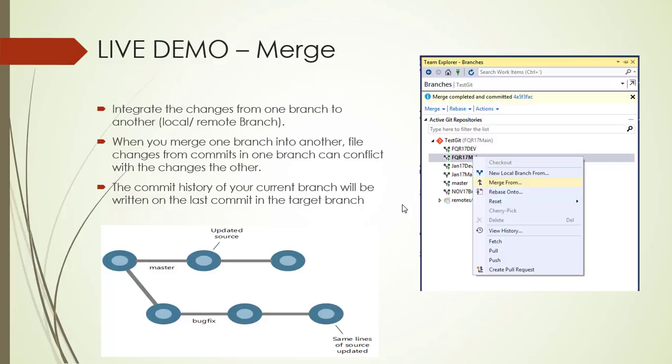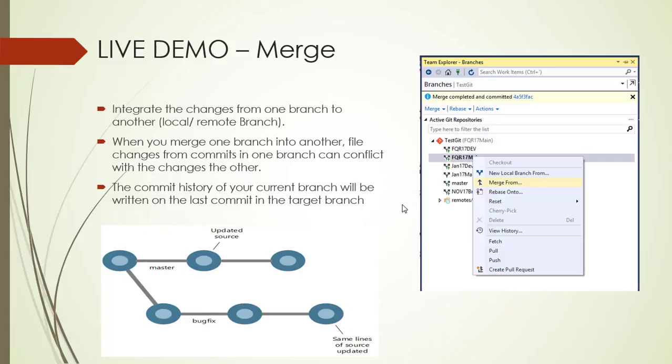Now let's say that the new commits in master are relevant to the feature that you are working on. To incorporate the new commits in your feature branch, you have two options: merge and rebase. So you have to choose very wisely which option you are going to use.